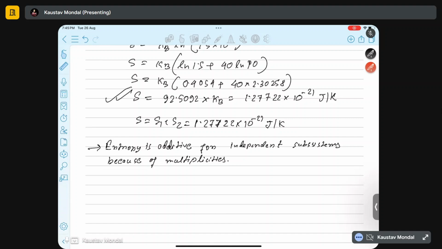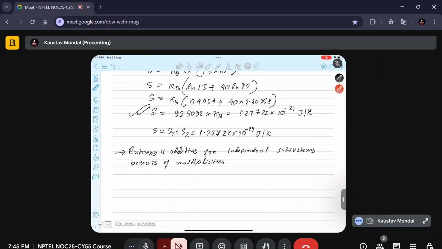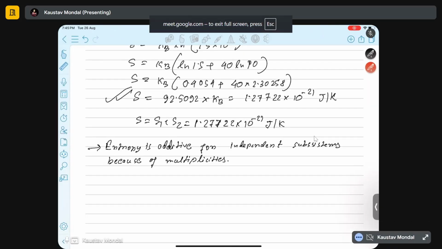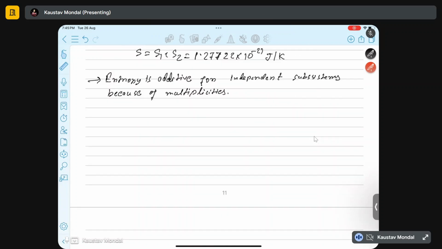So for today's last section we will discuss how to derive the expression of the pressure from this statistical thermodynamics equation.